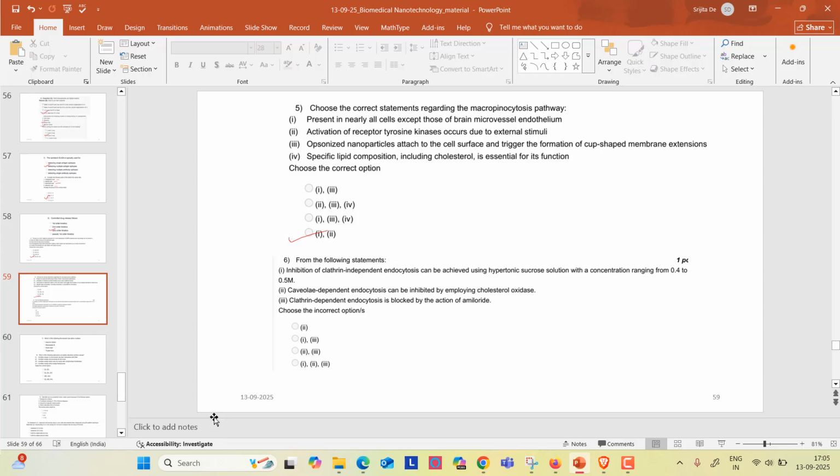Choose the correct option. So, clathrin-independent endocytosis can be inhibited by using the sucrose solution. 1 is correct and 3 is correct. The clathrin-dependent endocytosis is blocked by the action of amiloride. Okay.